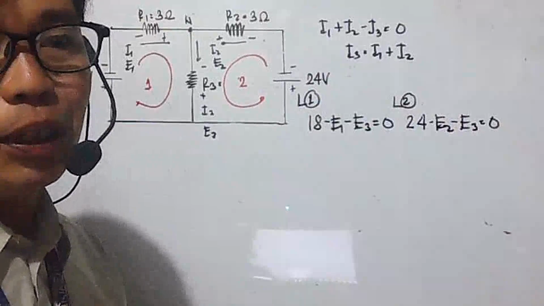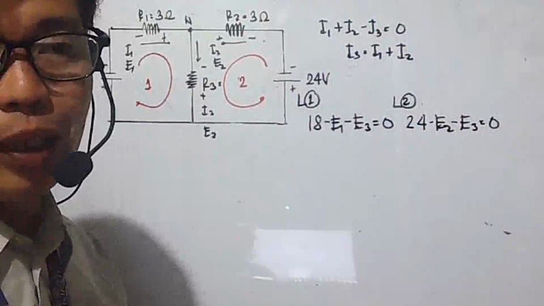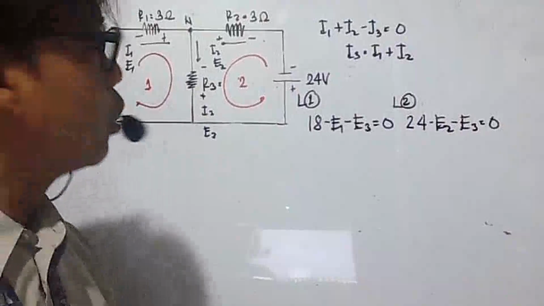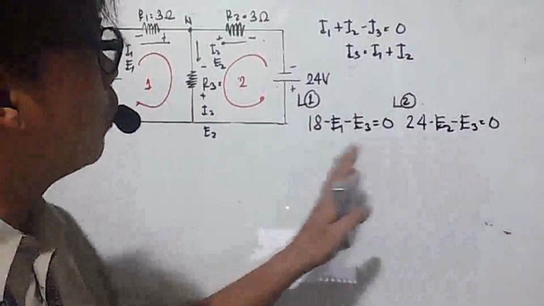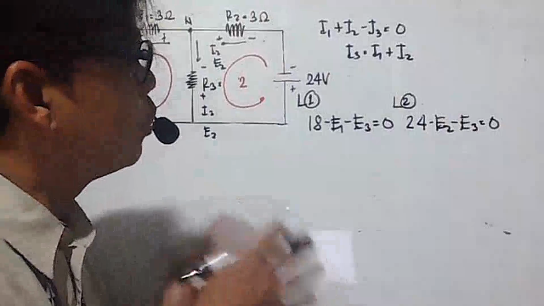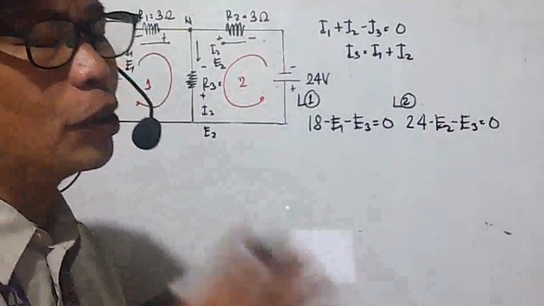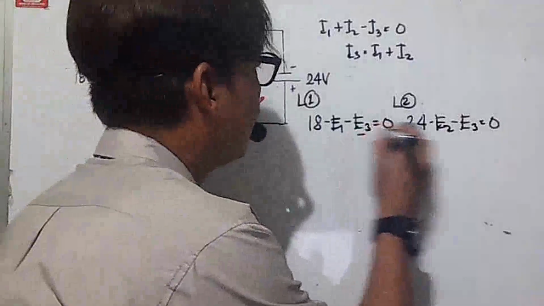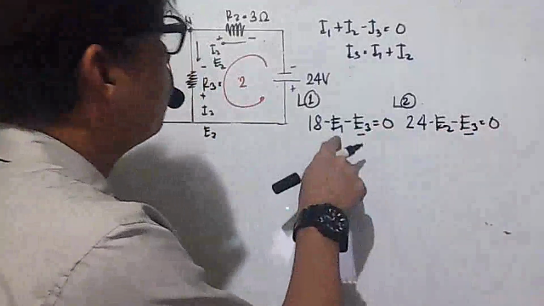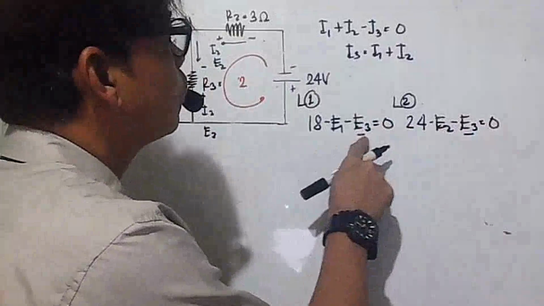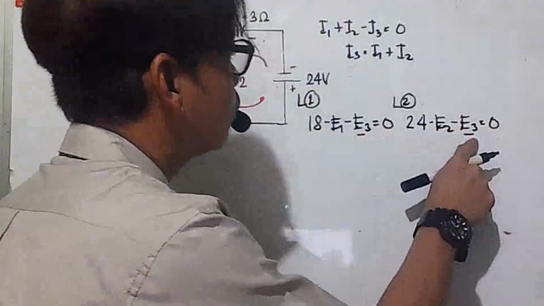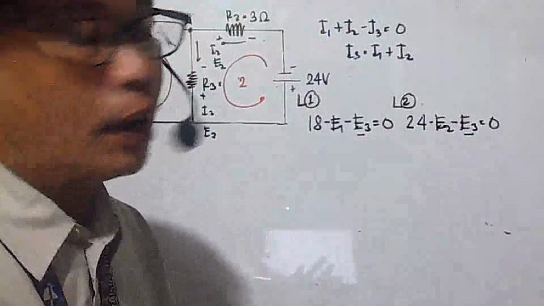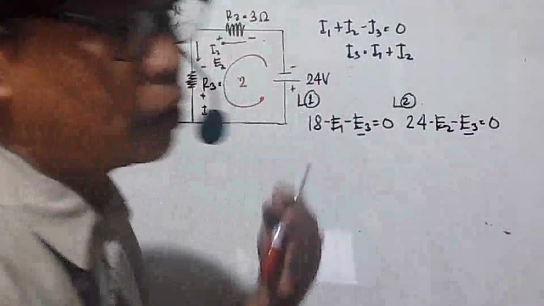Three equations with three unknowns would work, but one equation with three unknowns cannot be solved. So we're going to use these formulas. We're going to find a way so that only one variable is left. In this case, both have E3. We could solve E1 in terms of E3 and we could solve E2 in terms of E3. That means only one unknown is left. So we have one equation and one unknown.